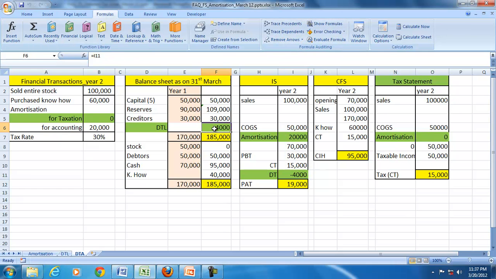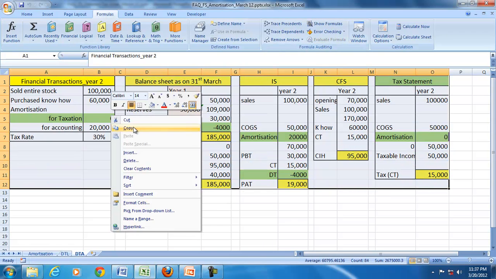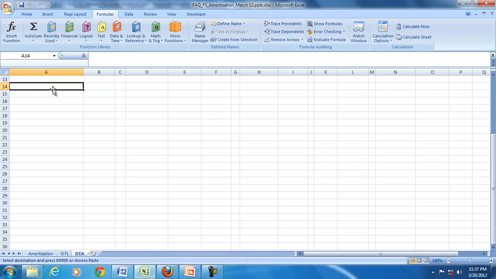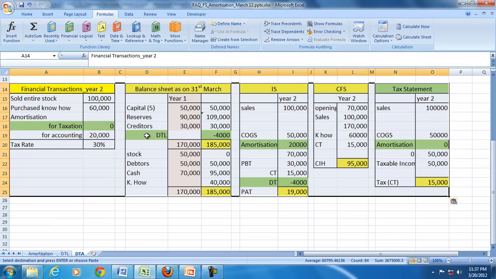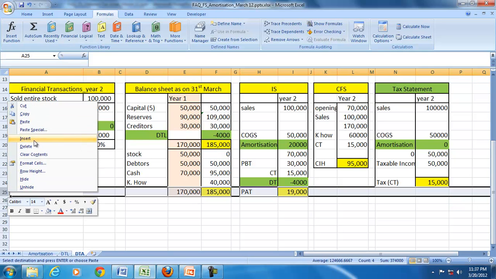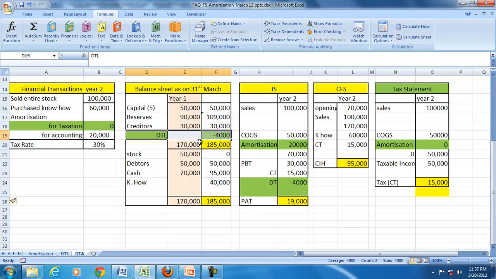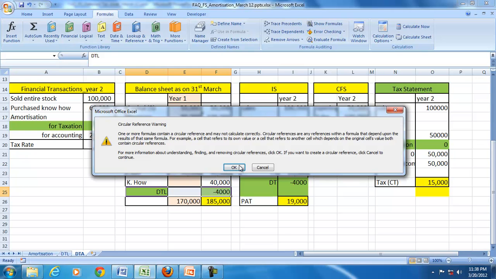This negative 4,000 can be shown as a DTL negative, or instead of showing deferred tax as a liability here, we can also show that as a deferred tax asset.